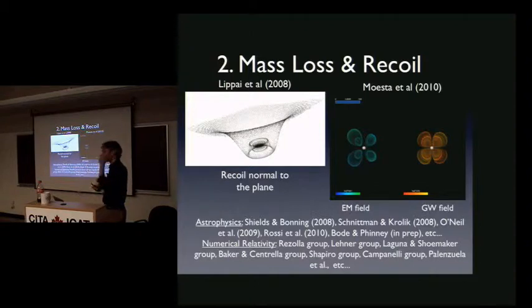And then the black holes themselves radiate linear momentum, so there is an effective recoil on the remnant black hole, so you probably bring this inner circumbinary disk with you as the black hole recoils at typically hundreds of kilometers per second. So people have done a variety of what I would call astrophysical models, of various complexity. And the numerical relativists, various groups, are really gearing up to study this in more detail.